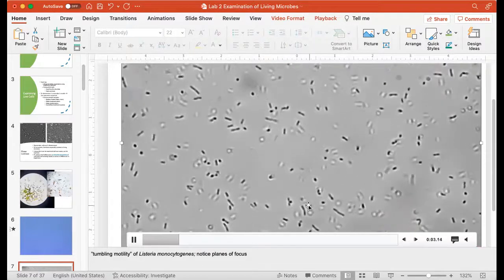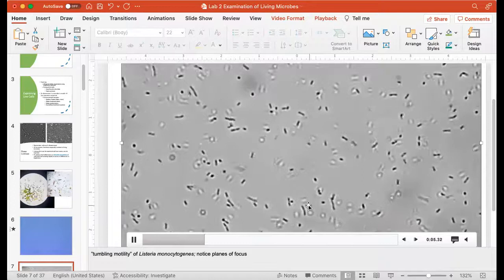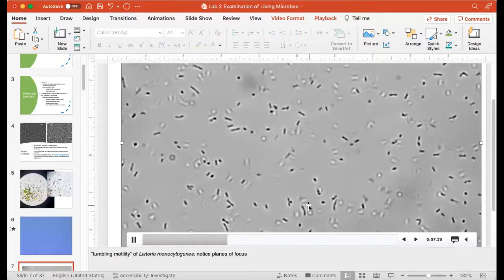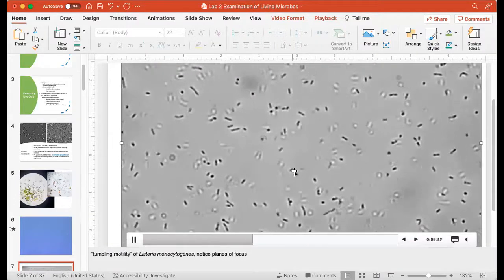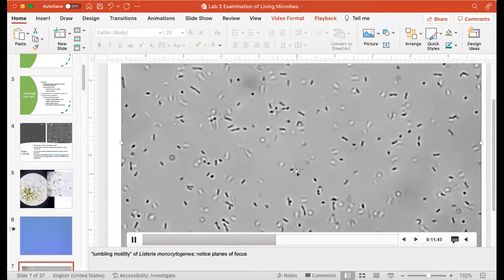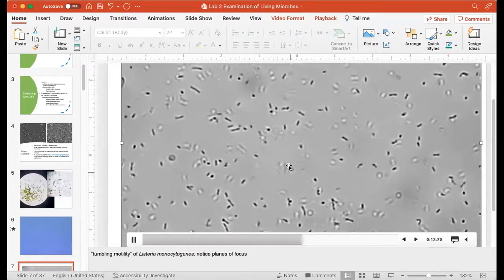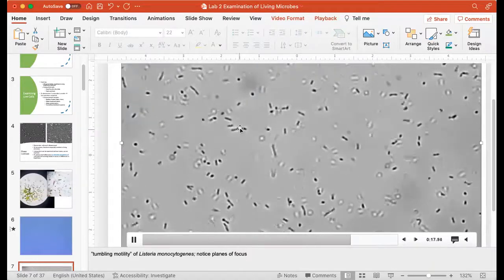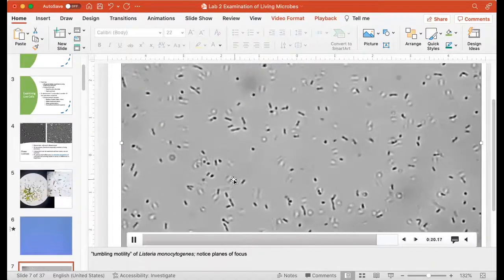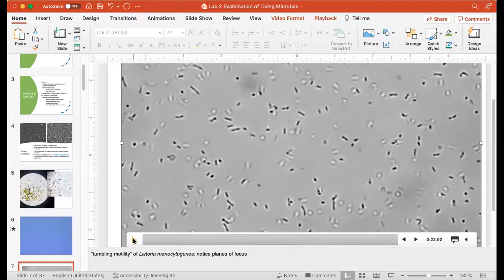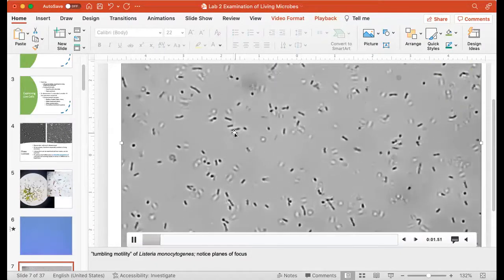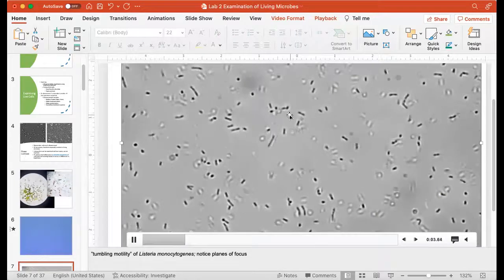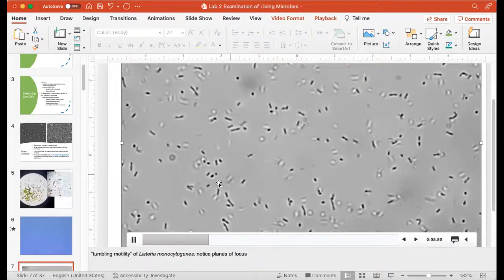The other interesting thing about Listeria is it likes to form short chains of cells. Here's one Listeria cell in black. Now look at this one over here. There's two of them end to end attached to each other in a chain. Let me run this again. Here's a chain here. Here's a chain right there. Look how long that one is.